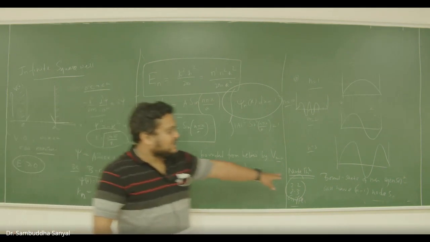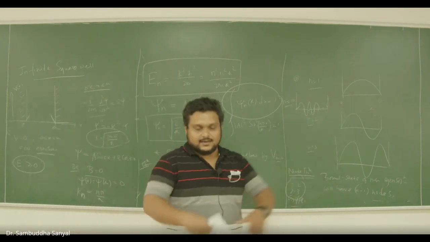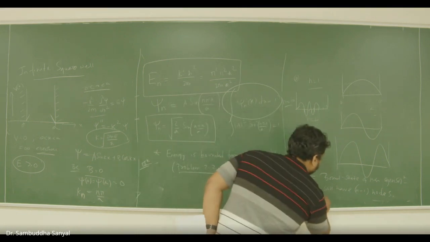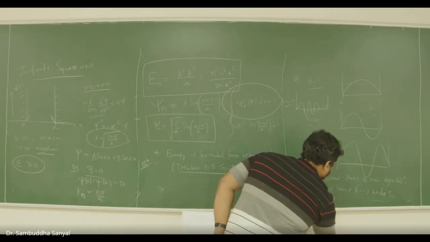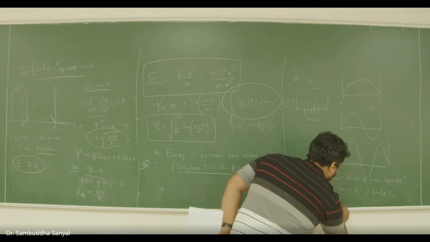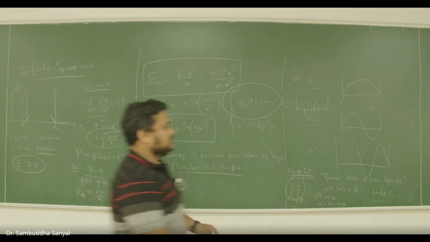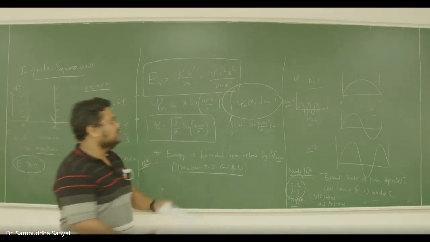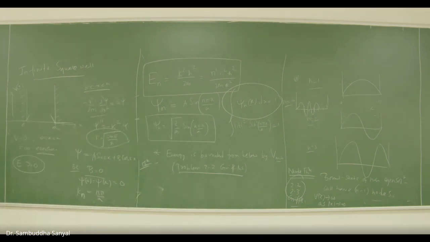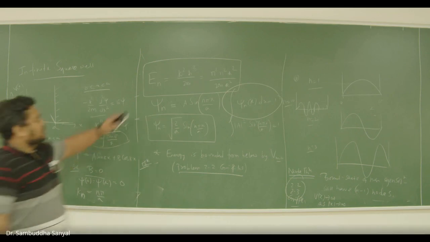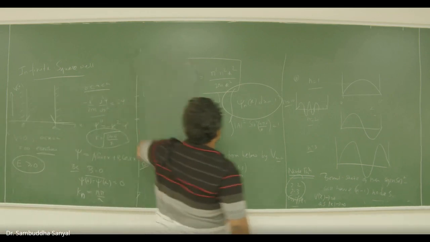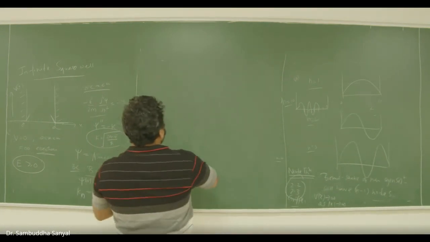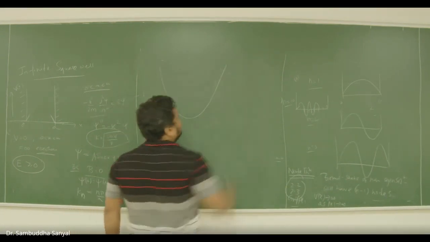Now this statement is true for any potential that goes to infinity as x goes to infinity. Okay? Which means this potential of course does that, but it is also true for any bounding potential. Let's say I give you a potential like this, harmonic oscillator.